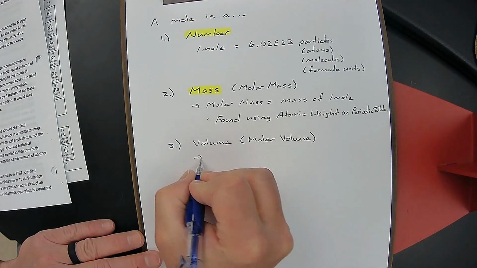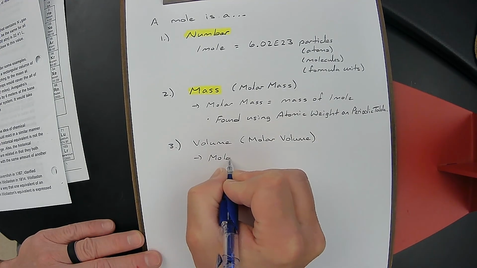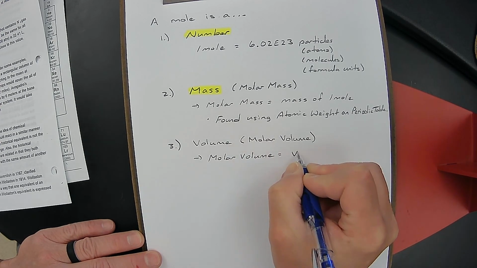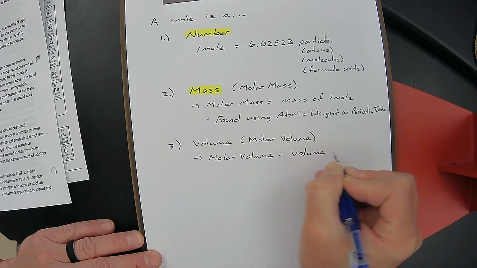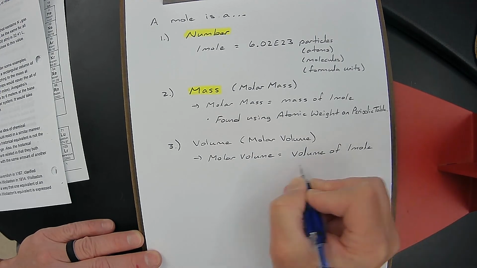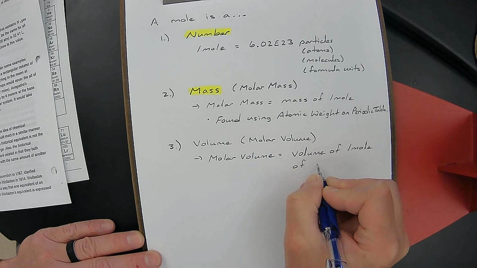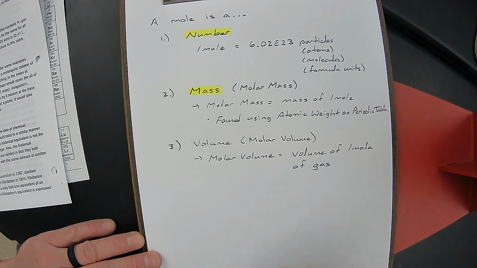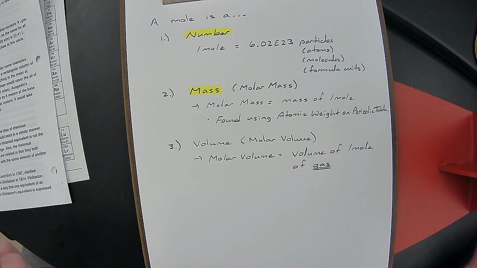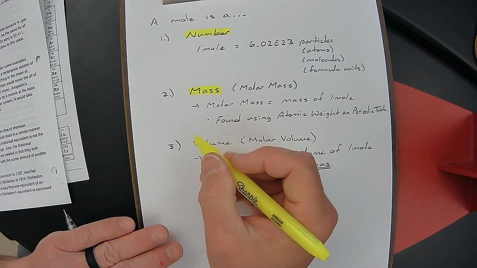And the molar volume, as you might expect, is simply the volume of 1 mole of gas. It has to be a gas. This only works if you're dealing with a gas.